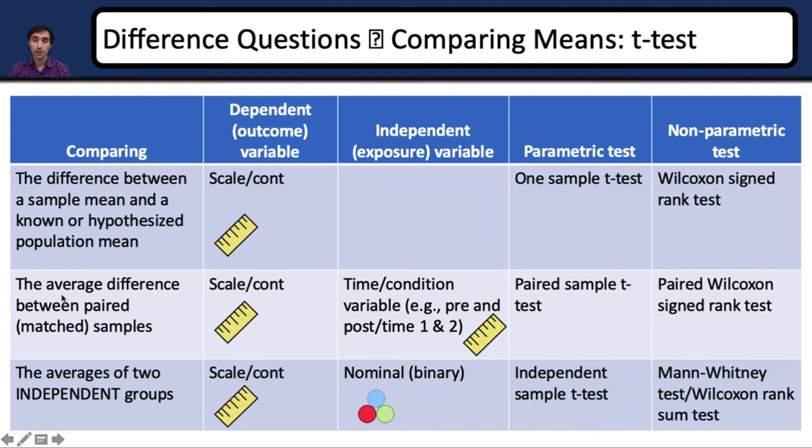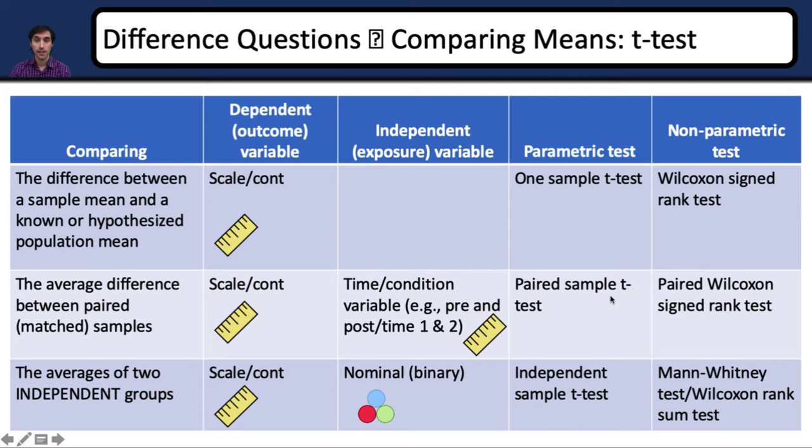Now, let's try a different comparison, and that would be looking at the difference between the averages of matched pairs. So this is called a paired sample t-test, or a paired t-test, what you will also see. And so this is where you have the pre and the post of something.